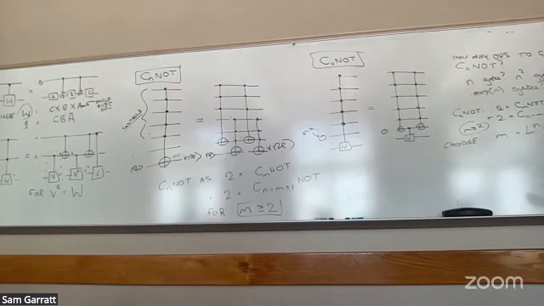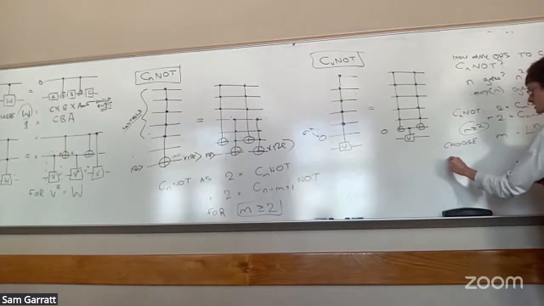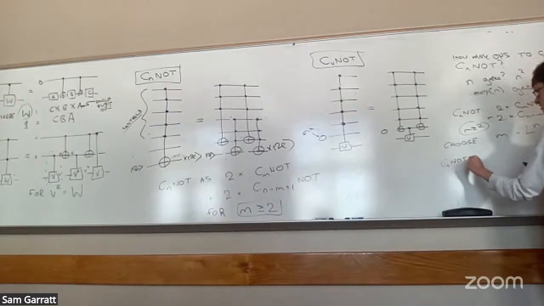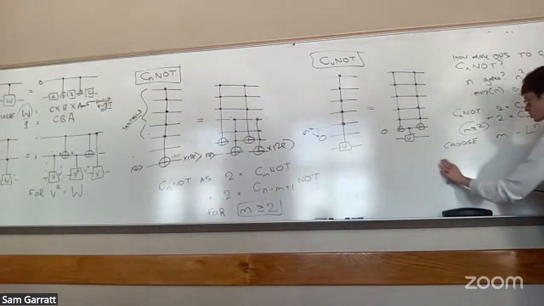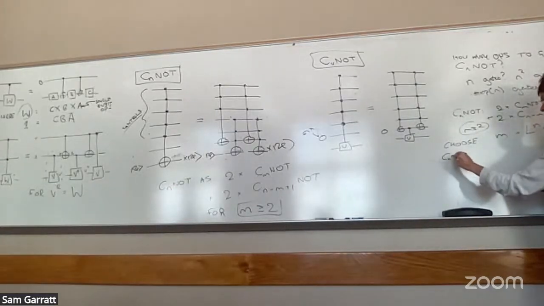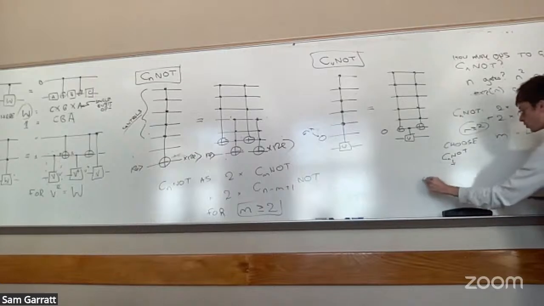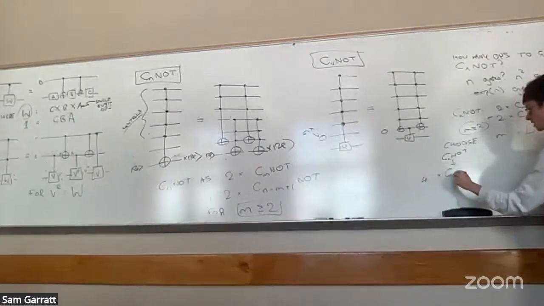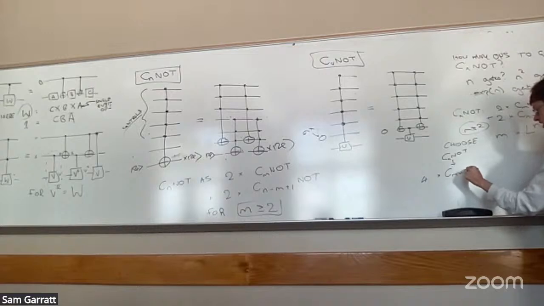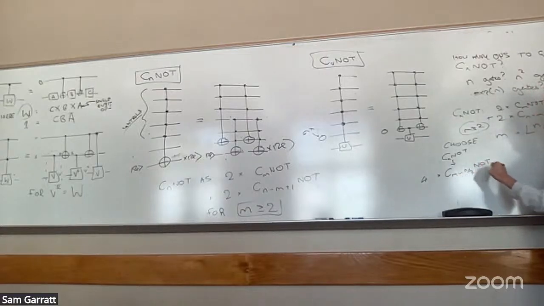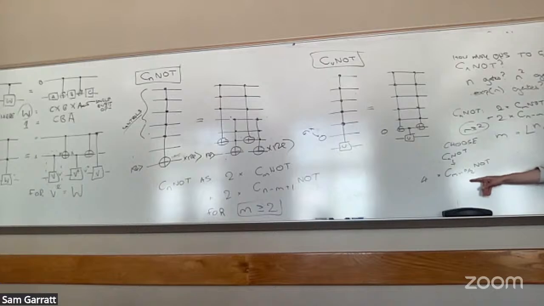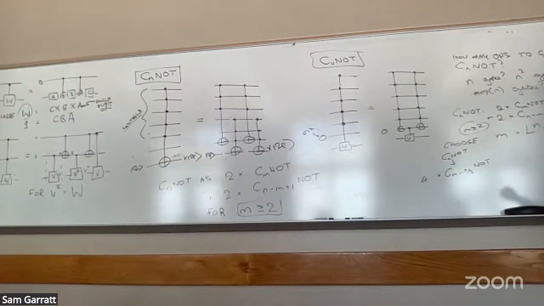So what happens then? Our C^N NOT is going to turn into, I'll draw this as a tree, 4 times C^M NOT with M around N over 2. Maybe it's N over 2 or N over 2 plus 1, but we broke it up this way, right? A given C^N NOT breaks into 4 C^M NOTs where M is around N over 2. Now we ask, how many times do we have to do this? Let's imagine doing this k times.